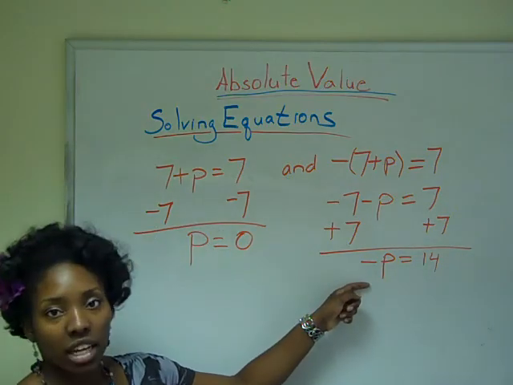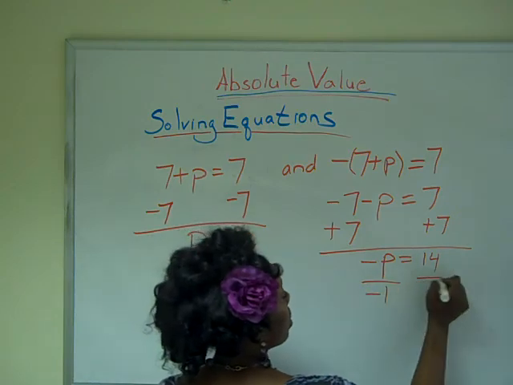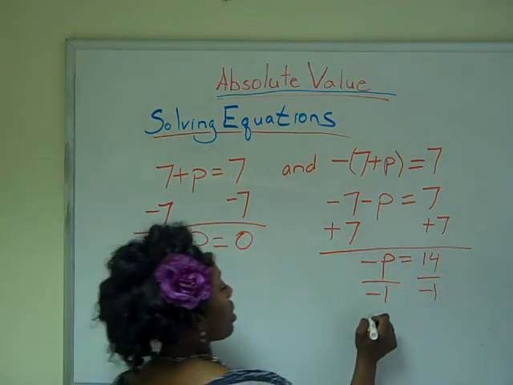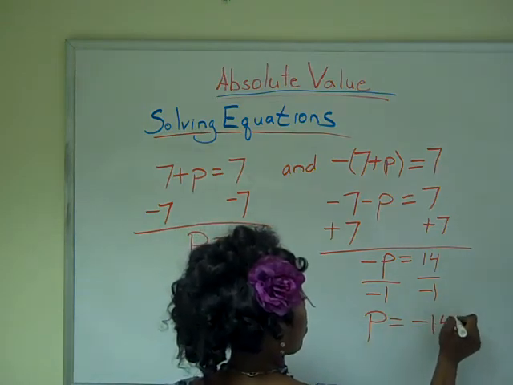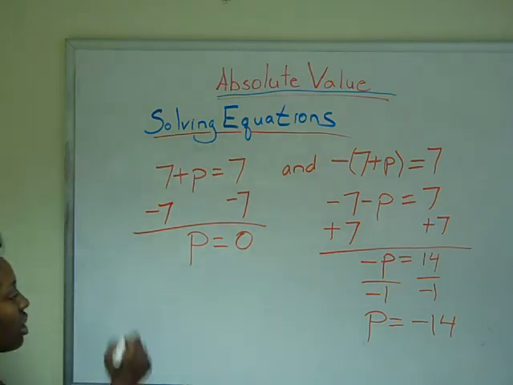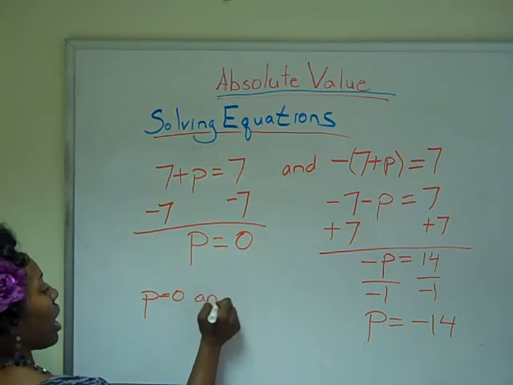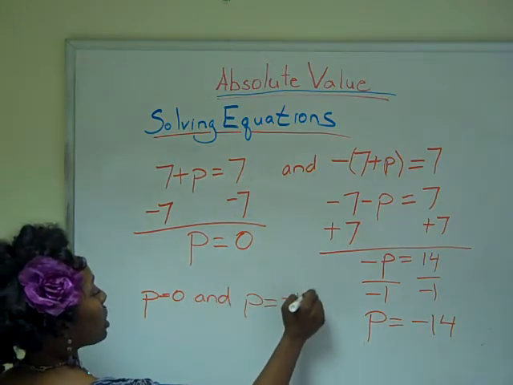We still have this negative out front, so we can divide by a -1 on both sides of the equation and get p equals -14. So our solutions are p equals 0 and p equals -14.